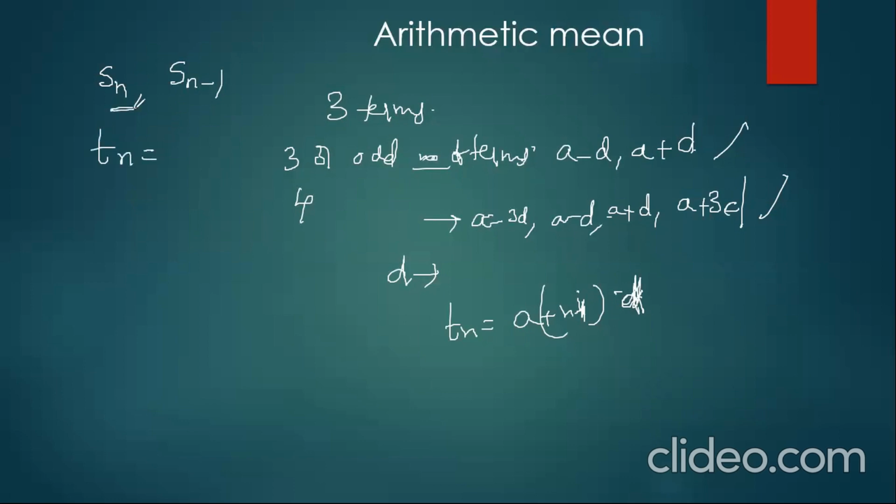Tn is nothing but the difference, not sum, of Sn and Sn minus 1. If you take the difference between the two sums, starting from n terms and subtracting Sn minus 1 from Sn, you are getting Tn. Okay, got it?